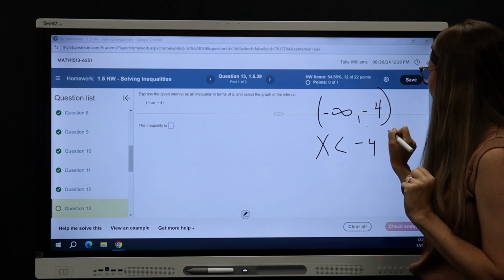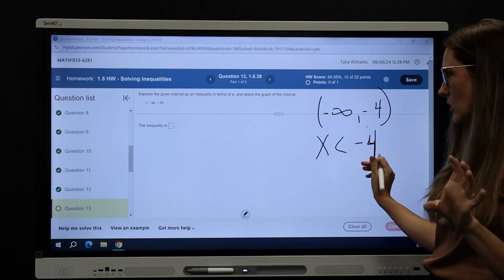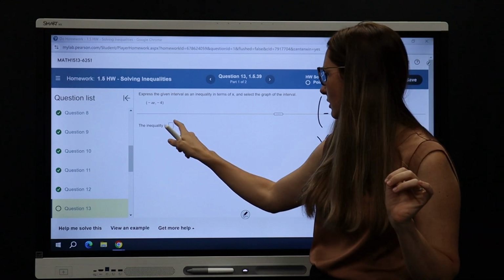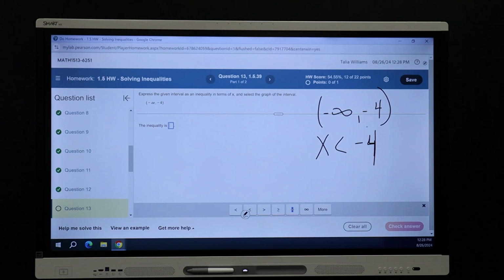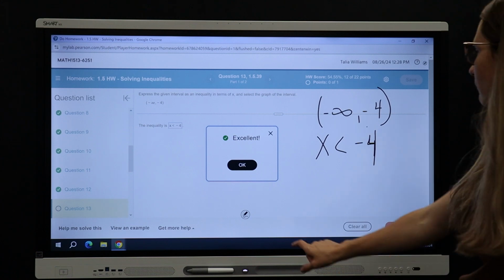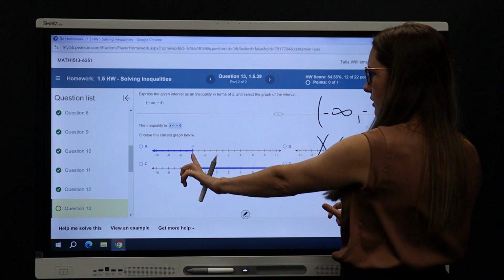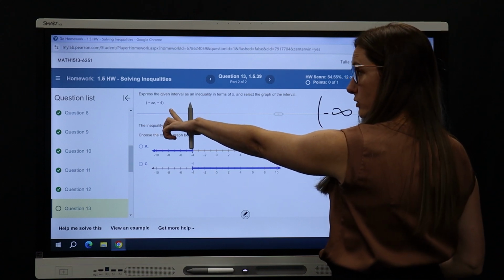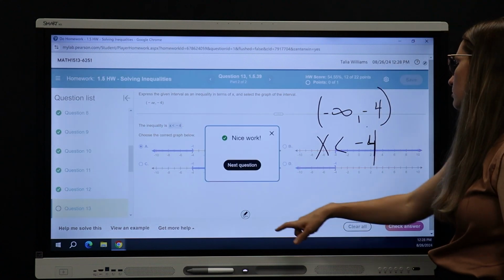That parenthesis means it's just less than, not equal to. So x is less than -4. There's a difference between them. So we're looking for the graph that comes from -infinity to -4. We have these two. Our graph is not equal to, so it's the parenthesis, because equal to means bracket.